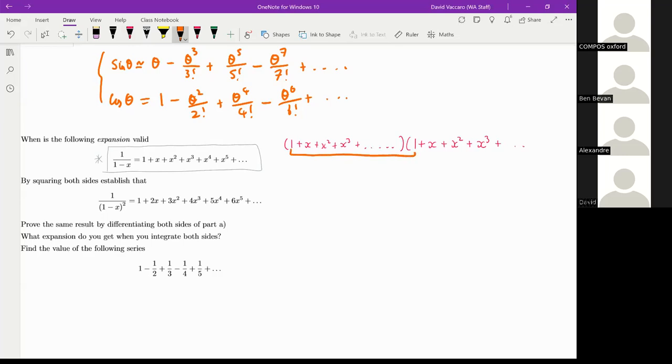So I can put the 1 and the 1, so that gives me a 1. How can I make a term involving x? If you're watching this on the webinar, I'd really recommend pausing at this point and trying to do the series expansion yourself. Well, I could put the x with the 1, or I could put the 1 with the x. So that would give me plus 2x.